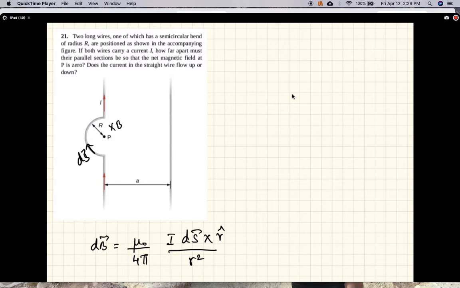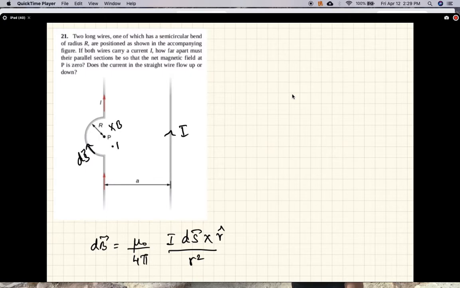Okay. Now, in the problem, we want the field at this point to be zero. So this wire has to produce a field coming out of the plane. If the current flowing in this wire is in that direction, that will produce a magnetic field coming out of the sheet.